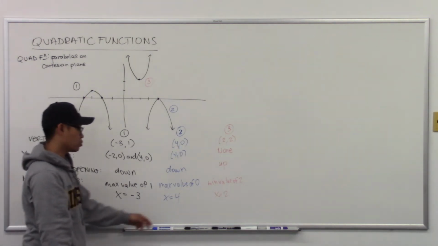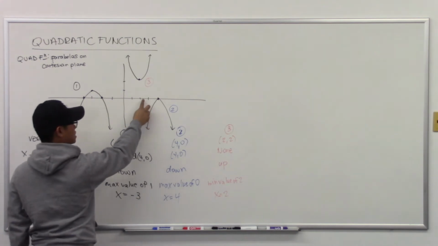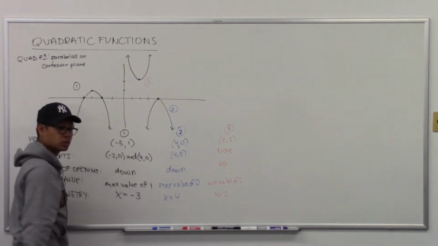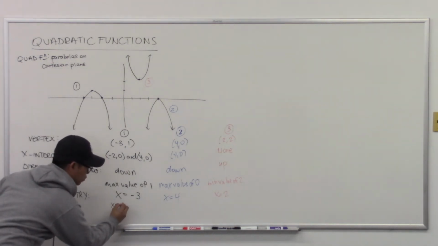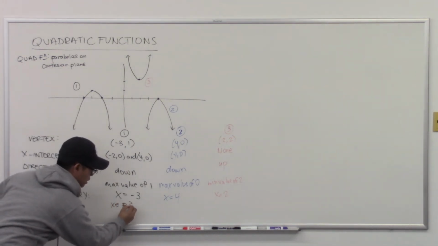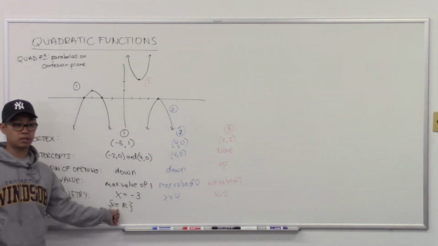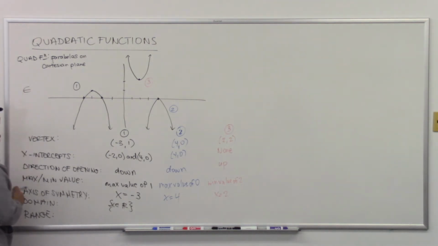Okay? So what we do is we're going to say that no matter where I am on the x-axis, because even if I'm here, if I look down far enough, I'm going to see the function. We say x belongs to the set of real numbers. So that here, that's an epsilon. It's like a little c with a stick in the middle.